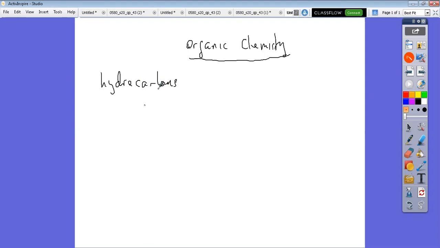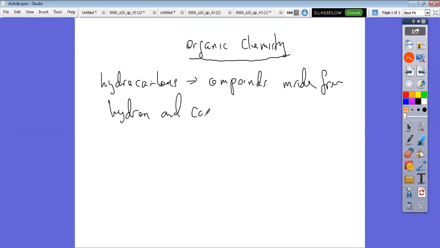So in chemistry, hydrocarbons are compounds made from hydrogen and carbon only. That's what we call hydrocarbons. Are we together? Hydrogen and carbon only.